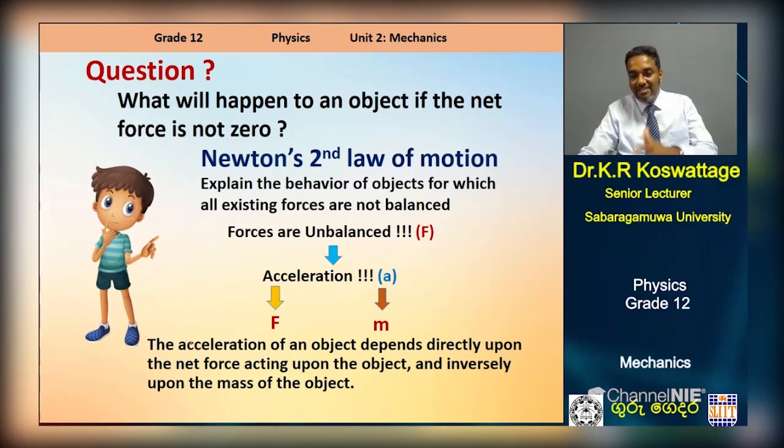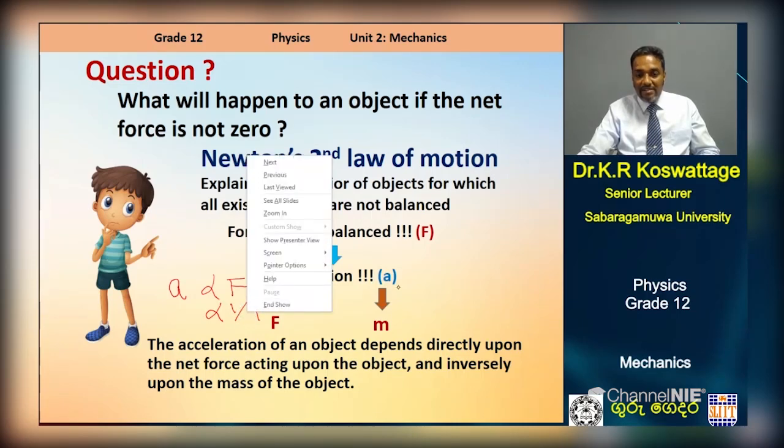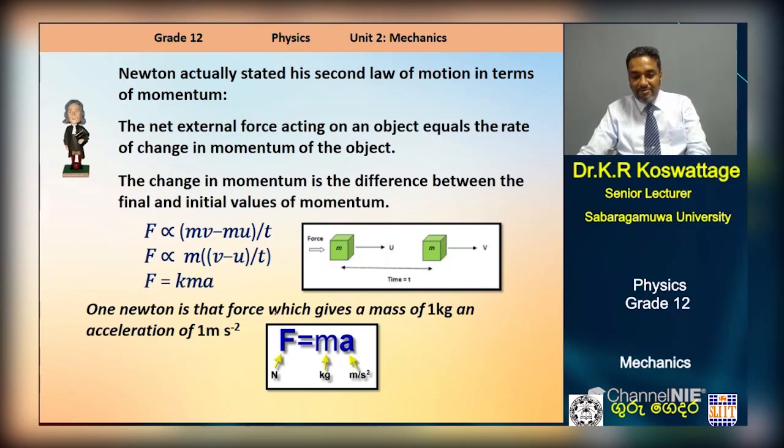Acceleration of an object depends directly upon the net, unbalanced force acting on the object, and is also inversely proportional to the mass of the object. So if the acceleration is a, then a is proportional to the unbalanced force, and a is inversely proportional to the mass of the object.